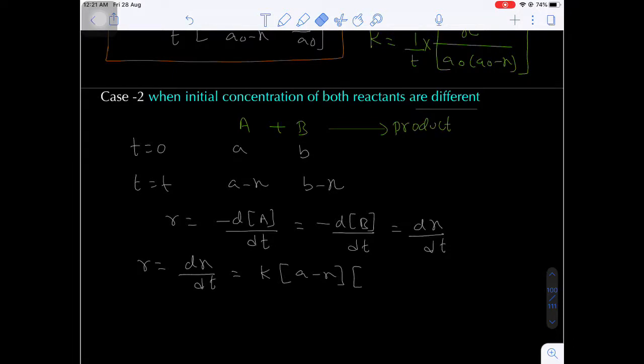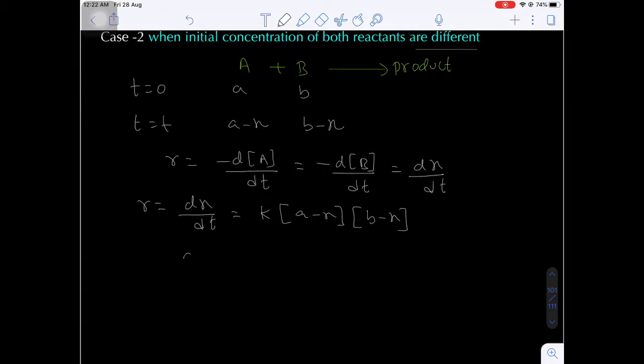Are you getting my point? So overall I am writing k into (a minus x) into (b minus x). Now here dx divided by (a minus x) into (b minus x) will be equal to k times of dt.